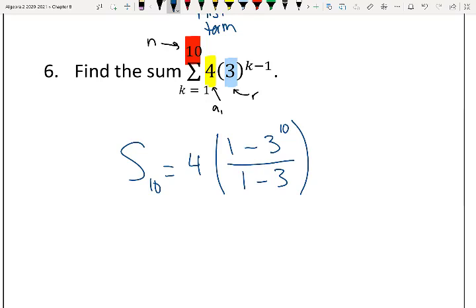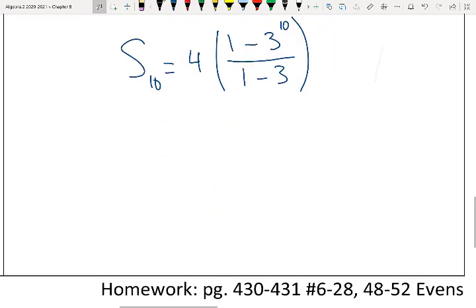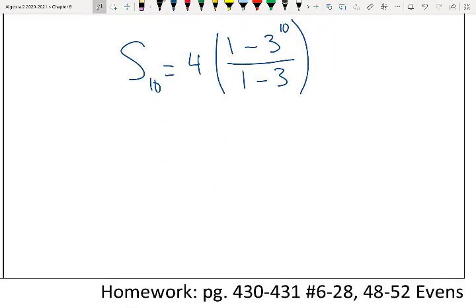So that's my formula. I'm just plugging in a sub 1, r, and n into my formula. From here, it's just evaluating. So now it's just getting your calculator, evaluating your numbers. Make sure you just follow order of operations. So I should be working inside out.